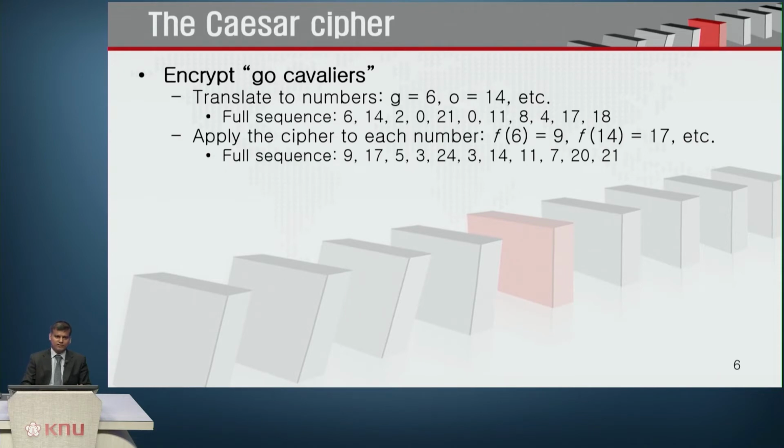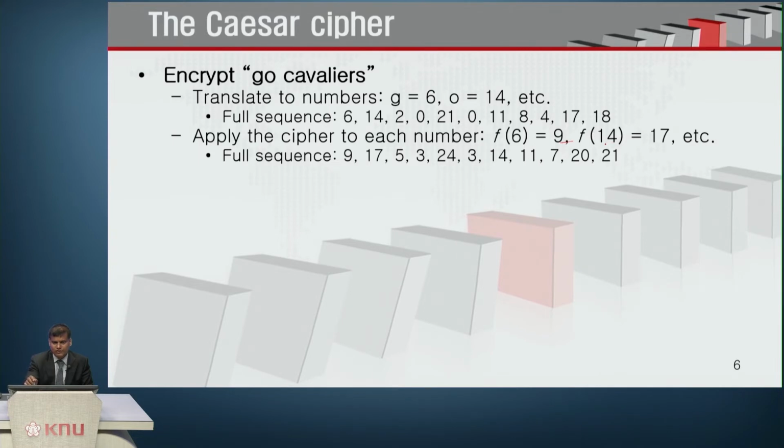Now apply this cipher to each number, f of 6. For f of 6, it gives 9, because we are adding p plus 3. Your original value is 6, you add 3 to it, so it produces 9.